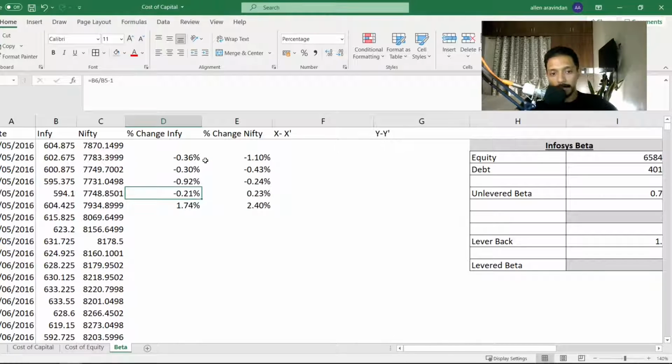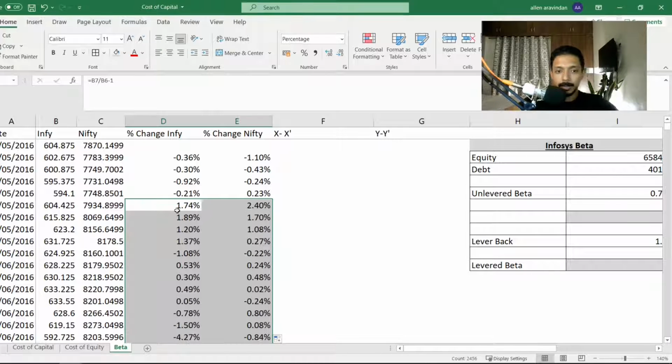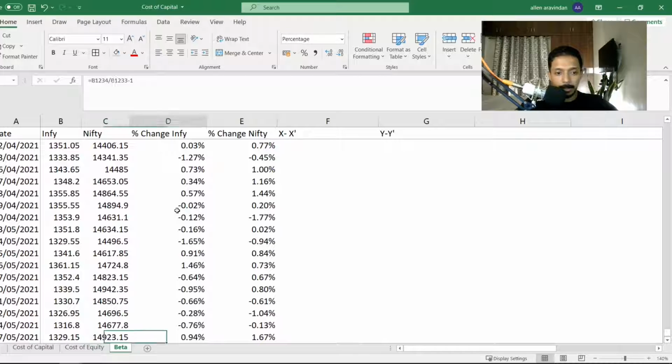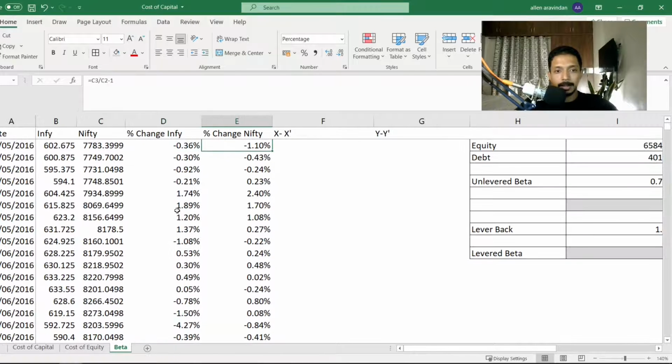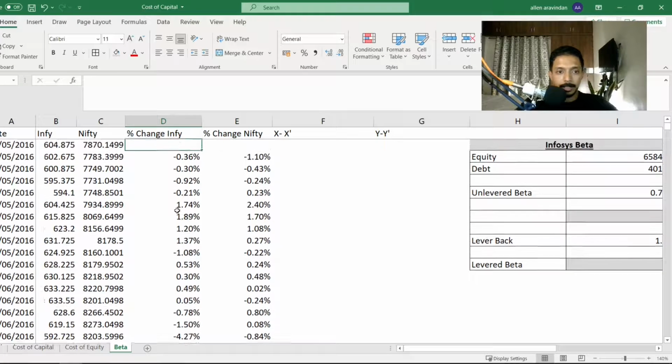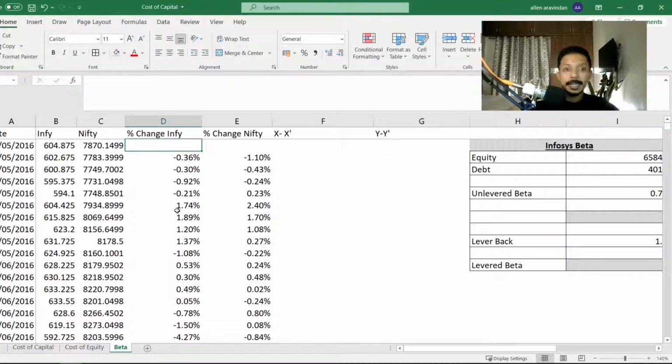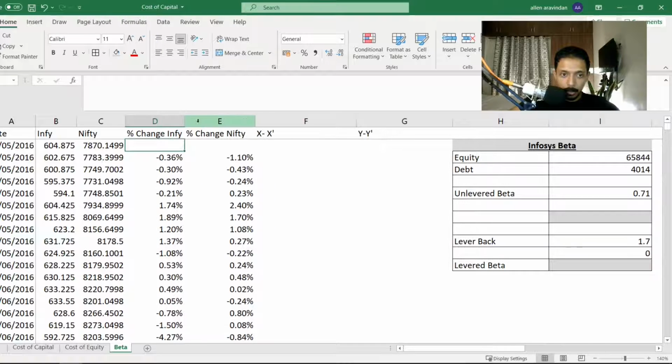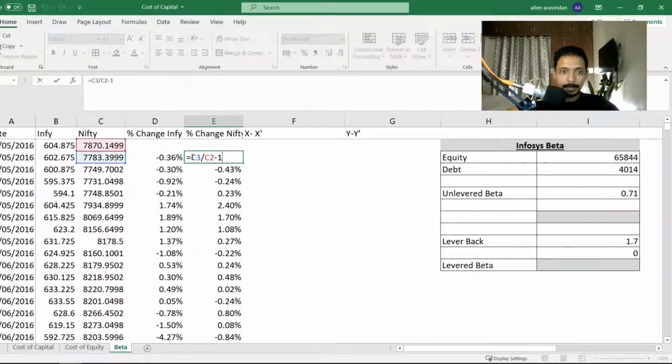You can clearly see Infosys tends to be less reactive to Nifty, so the impact is lesser. Anyway, we have to quantify that. We can't just talk jabber about it. We have to actually calculate the sensitivity in numbers.